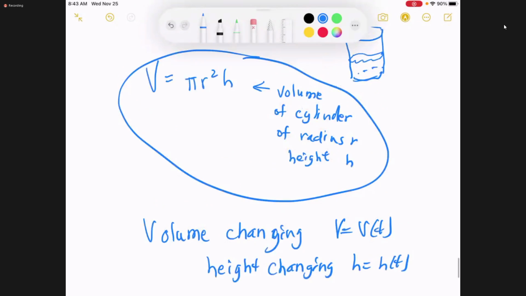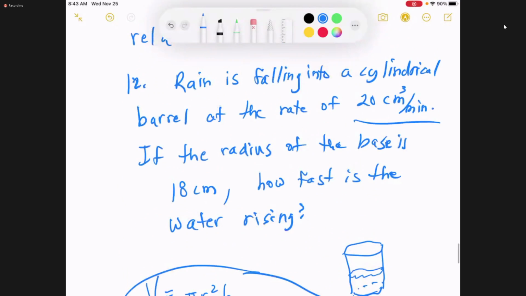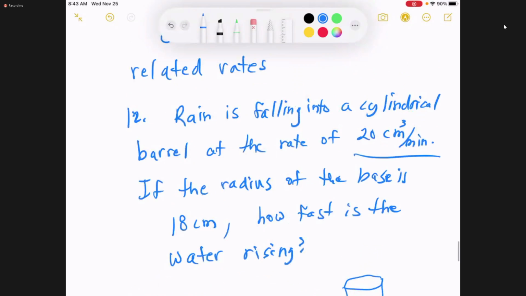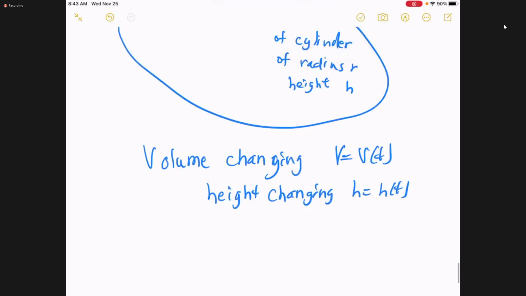Now the radius does not change. That's fixed. It's 18 centimeters. r equal to 18 centimeters. That's constant, okay?